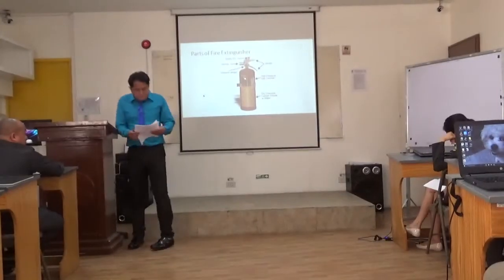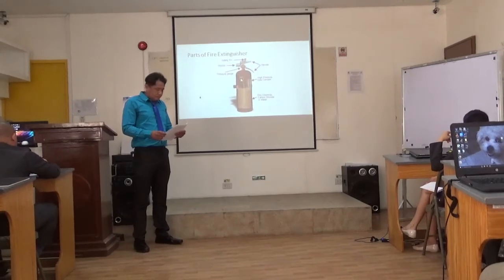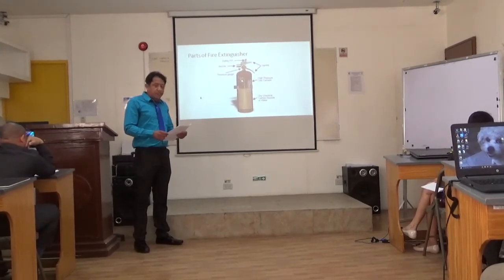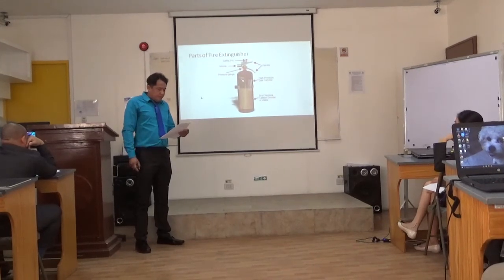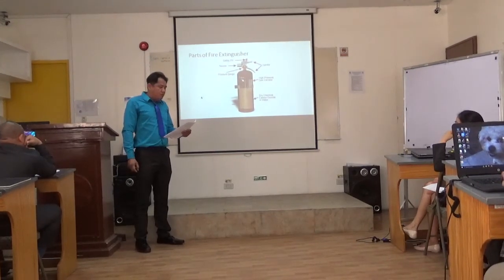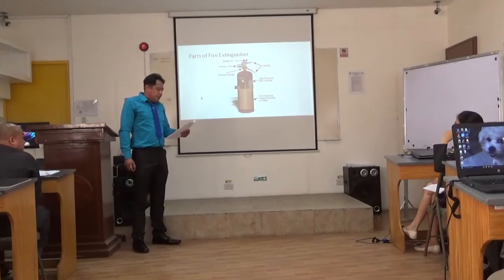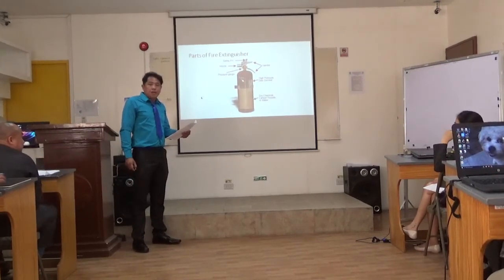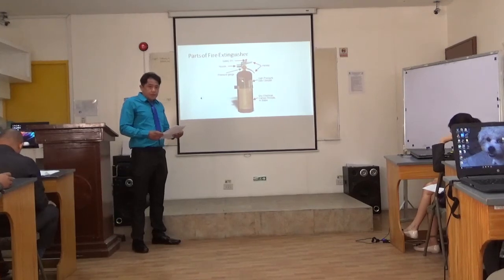The number 4 is the class D fire. This is a combustible metal, chemicals such as magnesium, aluminum, or potassium. This is number 5.